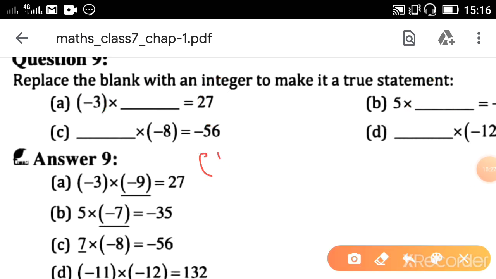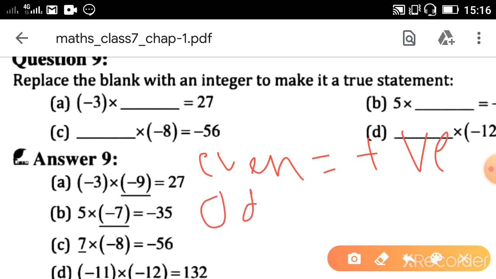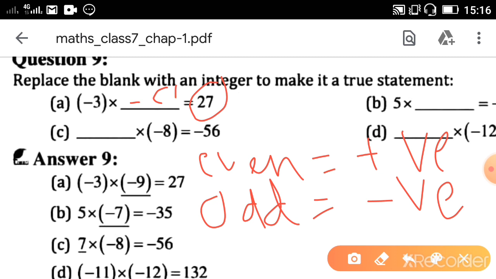If an even number of times negative sign is there, then the answer is positive. If an odd number of times negative sign is there, then the answer is negative. Here the answer is positive. It means in the question this negative sign should be an even number of times. So here it comes minus 9.